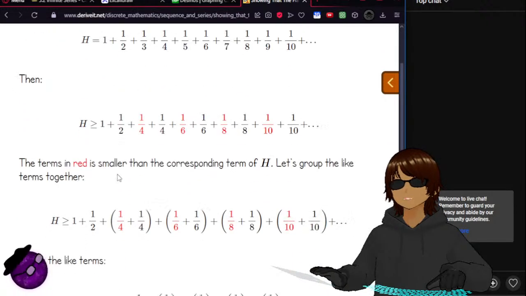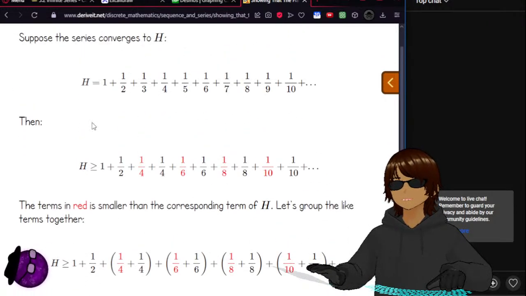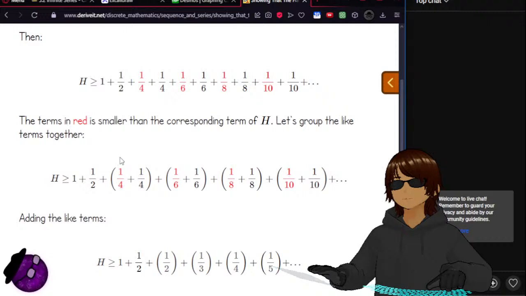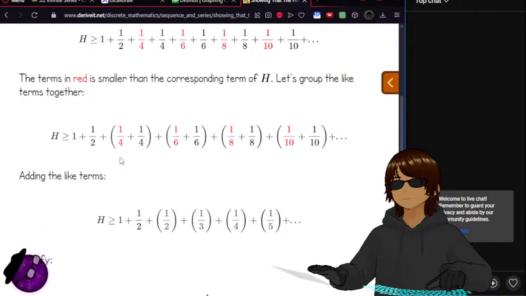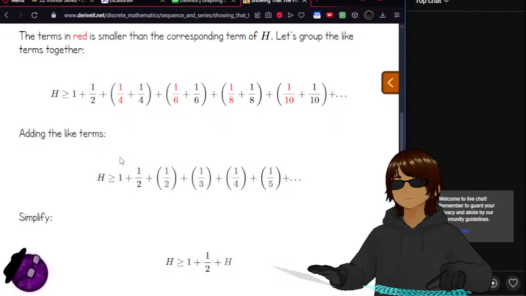However, I think this proof is wrong, so I need to make some changes. Yeah, I should group this one together.